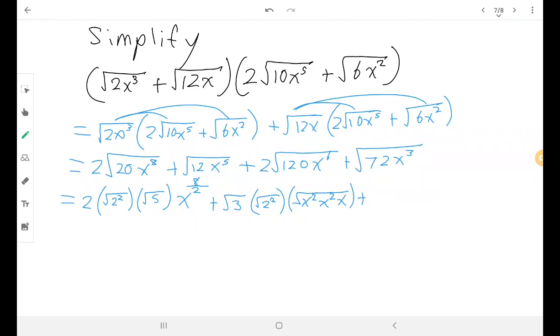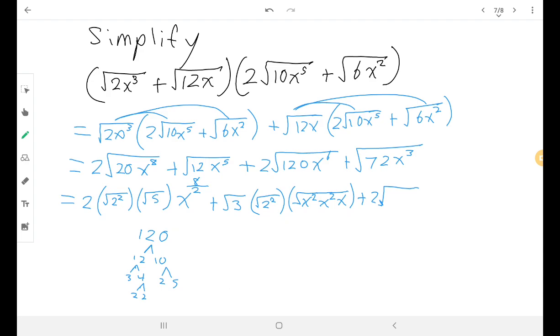Plus 2 times the square root of, how does 120 break down? Well, it's 12 times 10. 12 is 3 times 4, which is 2 times 2. 10 is 2 times 5. So what do we have there?